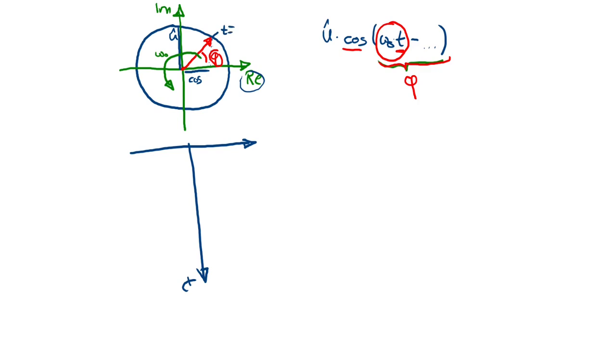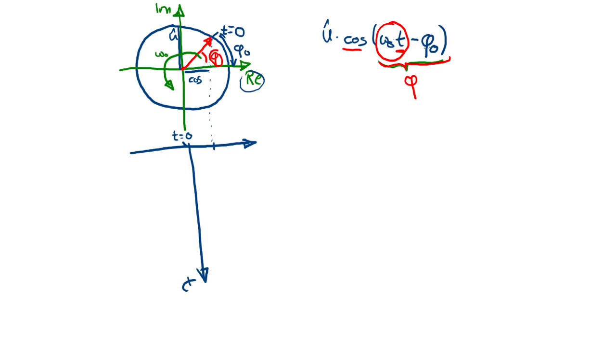This will be our time point 0, or here t equals 0. So let's project the pointer to here. And as I told you, the initial offset where the pointer starts will be the phase of the signal. So this angle is also the phase.